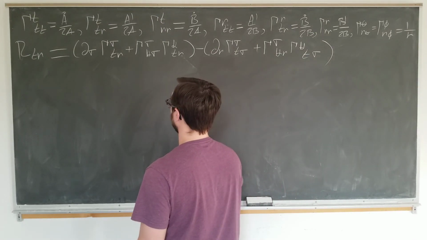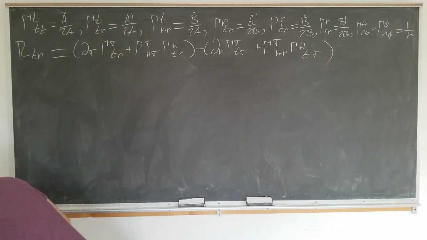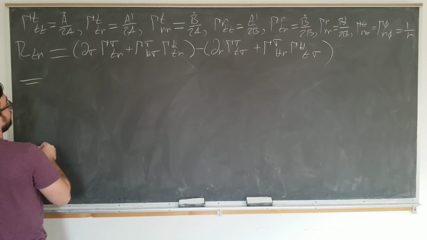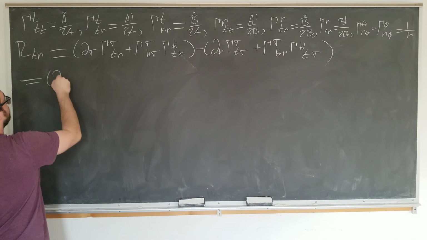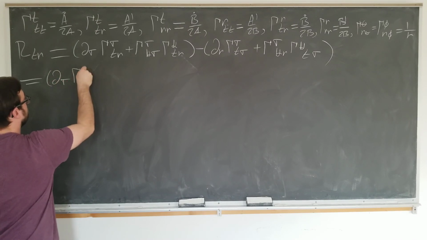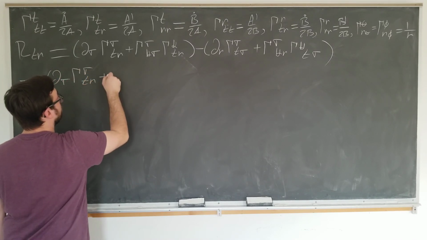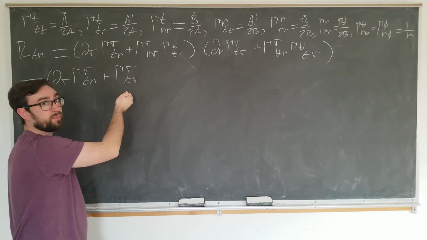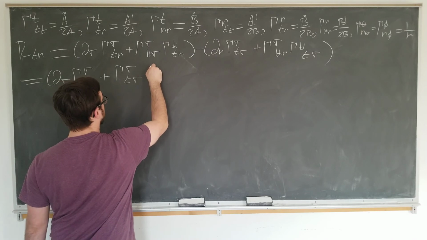So we'll do that now, and let's plug in some κs. We are going to have ∂_σ Γ^σ_TR plus Γ^σ_Tσ. See, we put in a T for κ here.